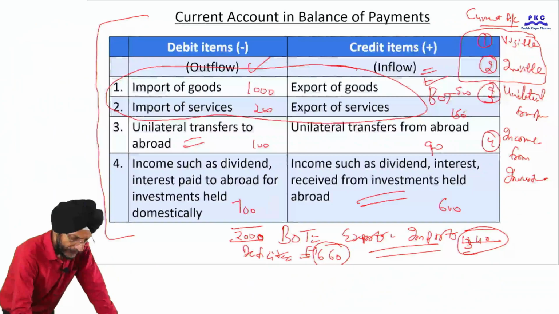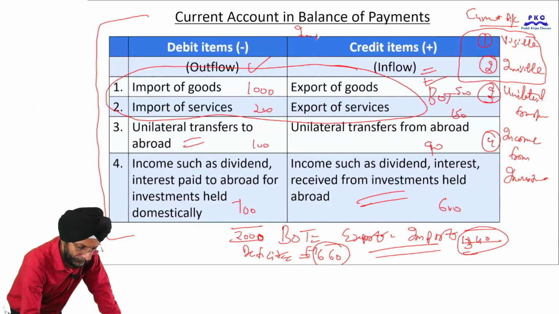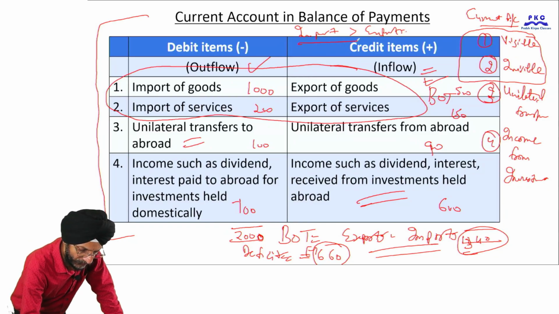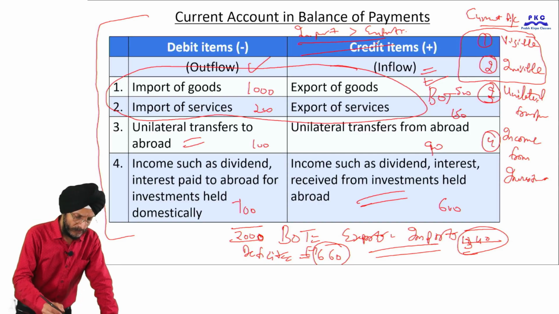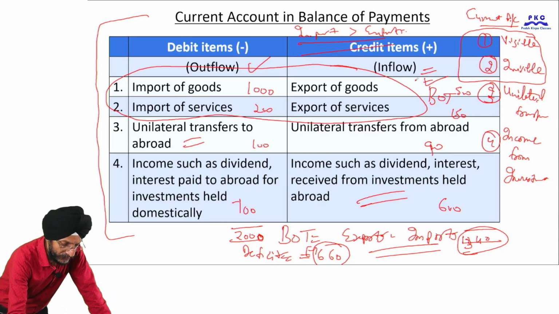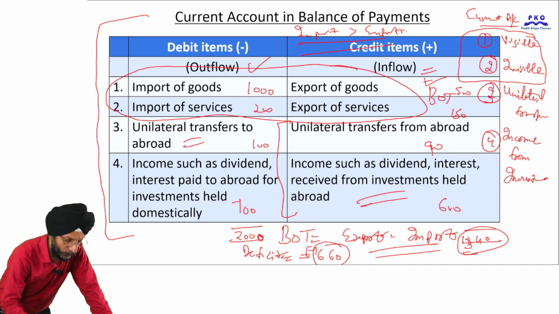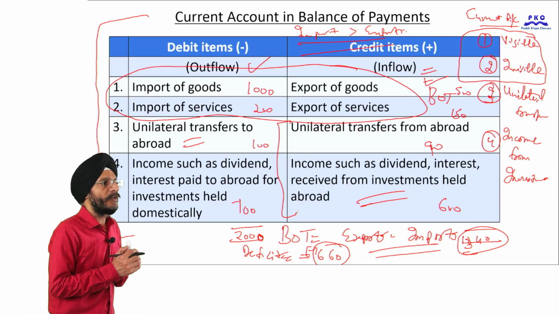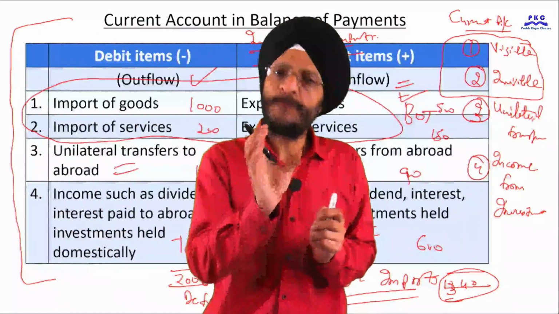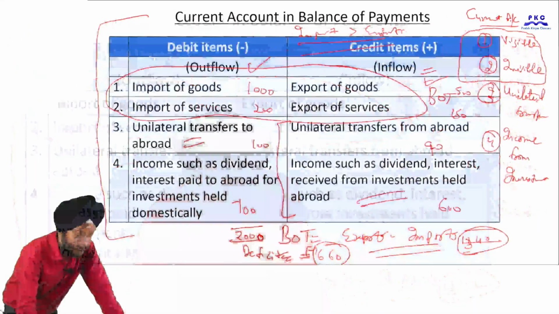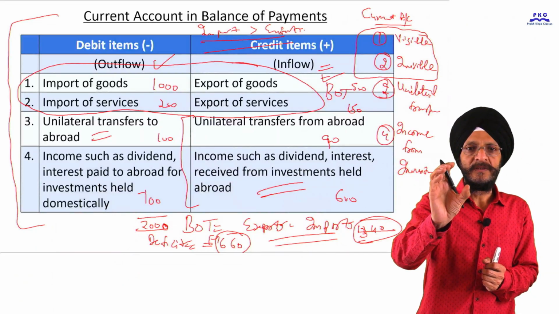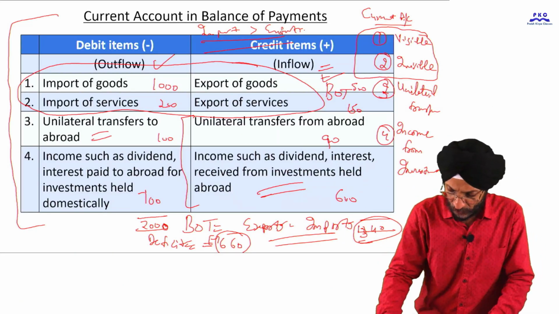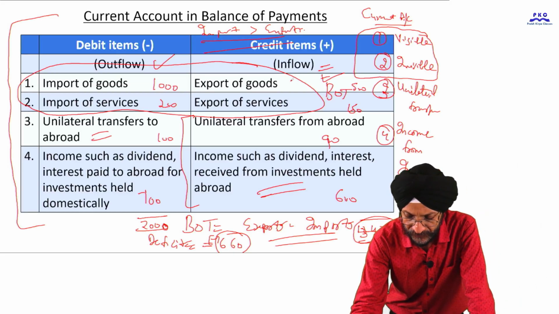It means that if imports are more than exports, we will have to pay. So these other parts of the current account can play a supportive role in reducing the impact of the current deficit of balance of trade.